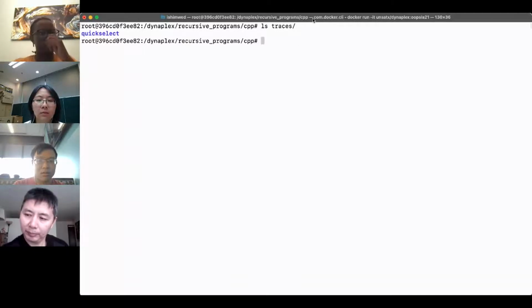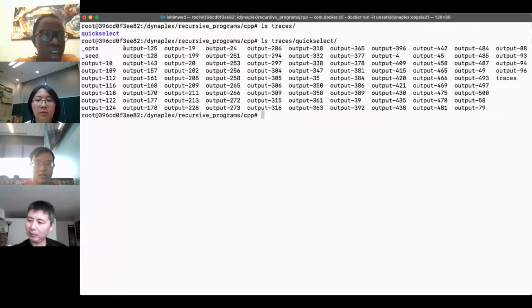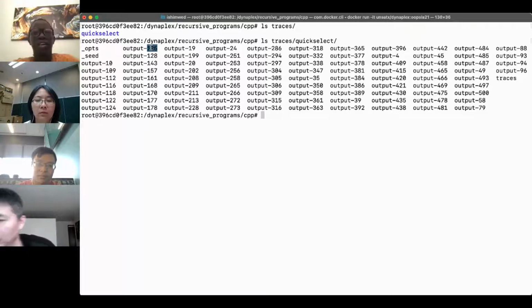So let me show you. The traces collected are saved using the file naming convention. So we have output and a dash, then the size of the input used to produce those traces. I ran the wrong program. I ran quick select instead.